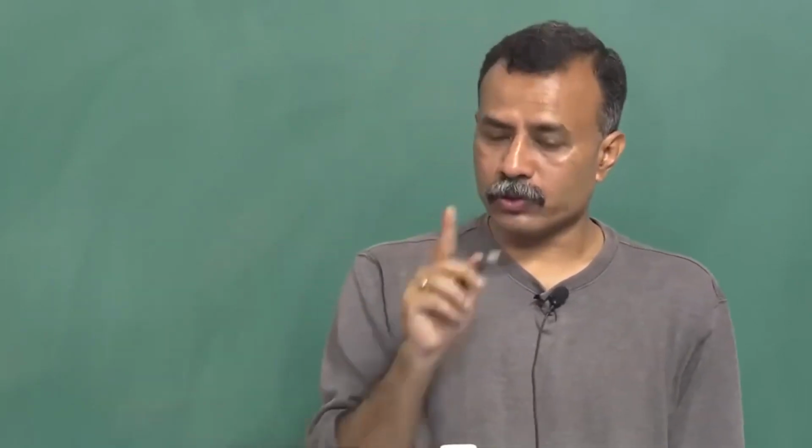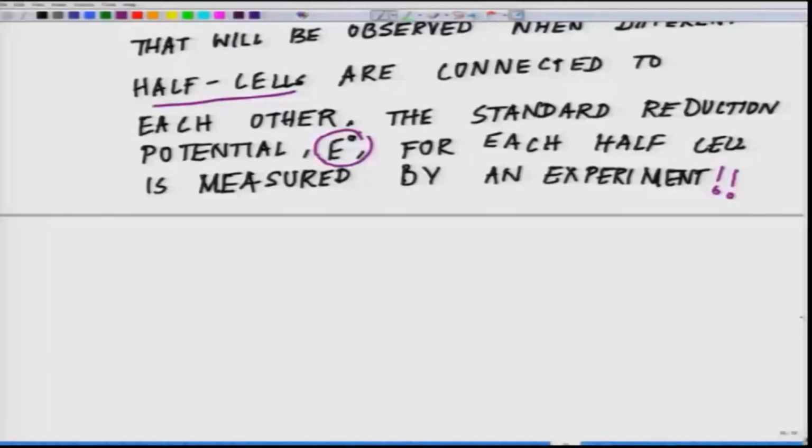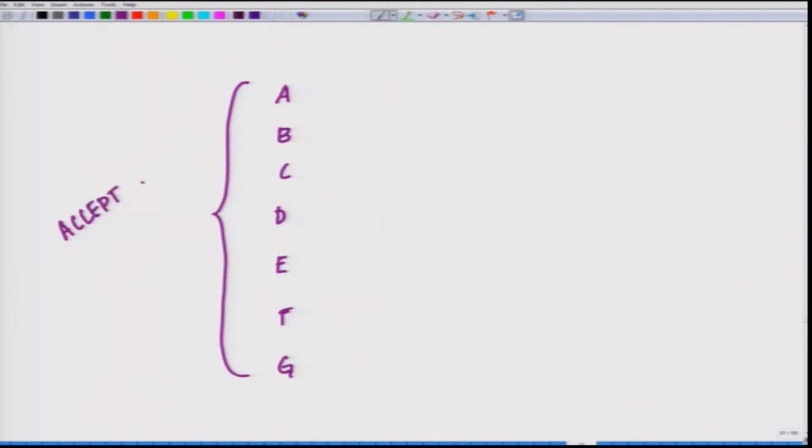And if I know these two values, so what we want is something like this. Say for example, this is hypothetical, what I am going to draw before I go to the experiment. Say for example, I have these elements A, B, C, D, E, F, G, and all of them have different power to accept electron, or different power to get reduced.